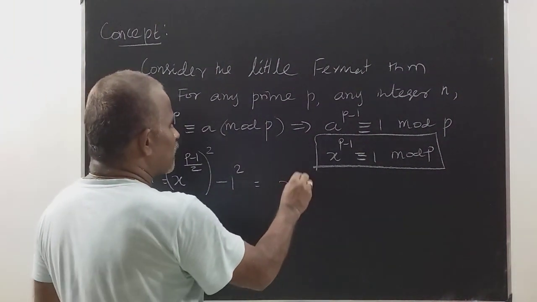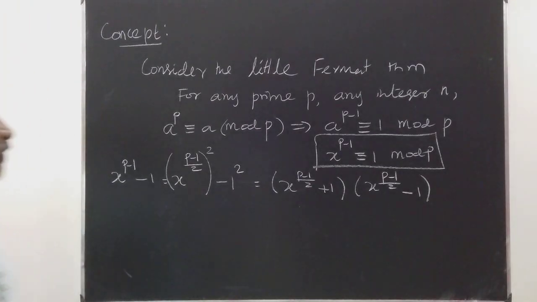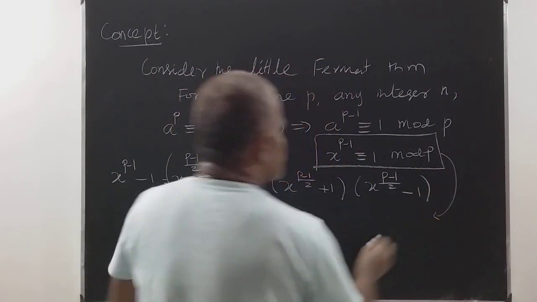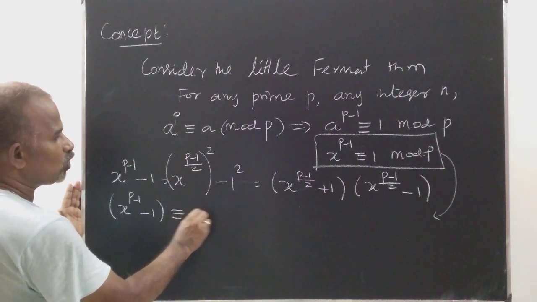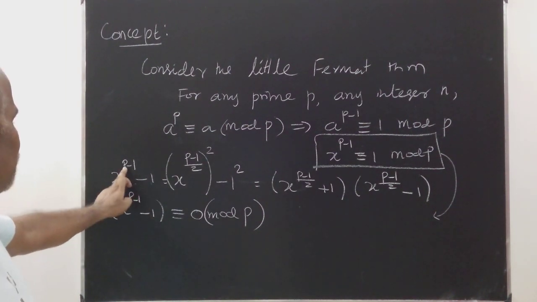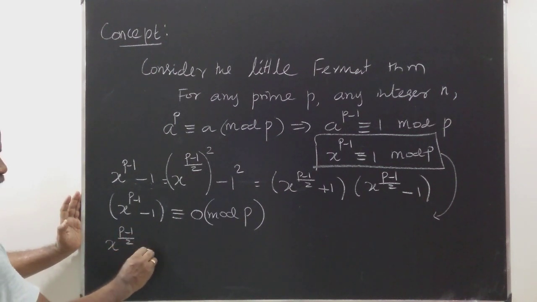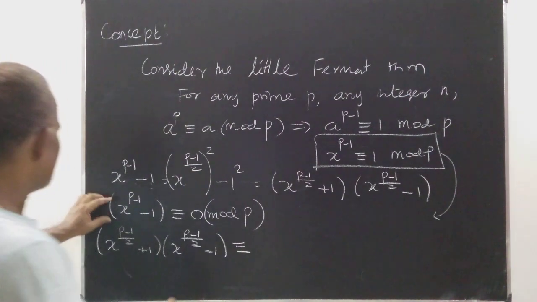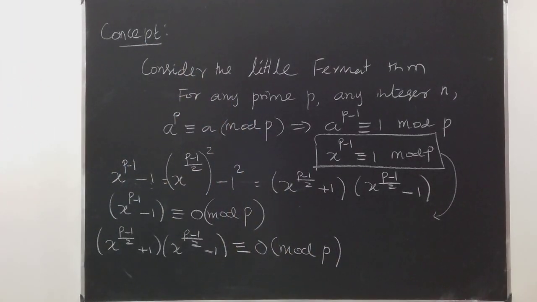So x power p minus 1 minus 1 is congruent to 0 mod p, which can be written as x power p minus 1 by 2 plus 1 into x power p minus 1 by 2 minus 1 is congruent to 0 mod p.